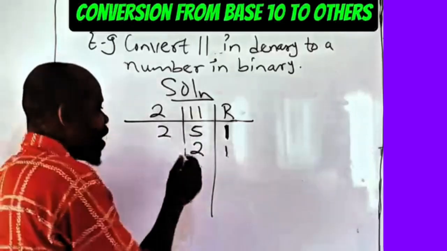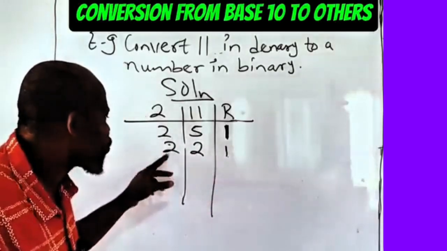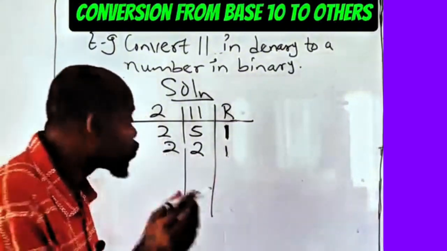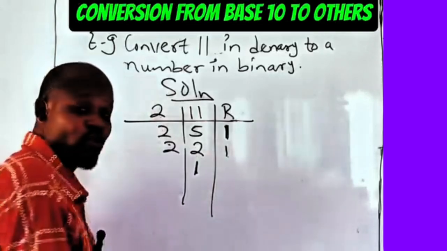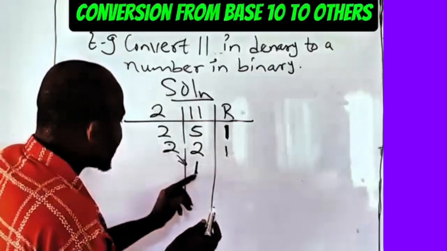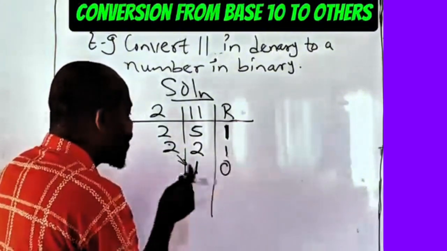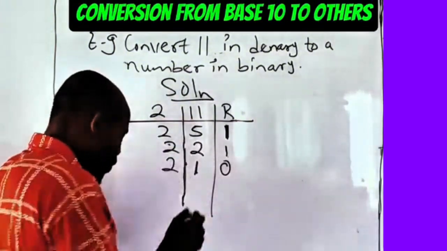You bring down the 2 again. Now at this point, how many 2 do we have in 2? 2 in 2 is just 1, and nothing remains when 2 goes into 2. 2 times 1 gives you 2, and the difference between 2 and 2 is 0, meaning nothing remains. The remainder is 0. You still bring down this 2.